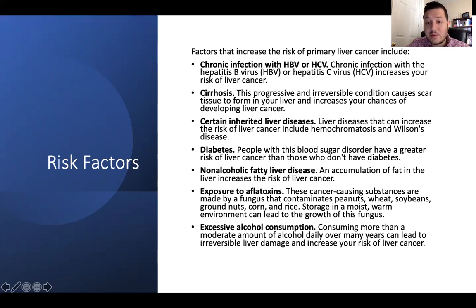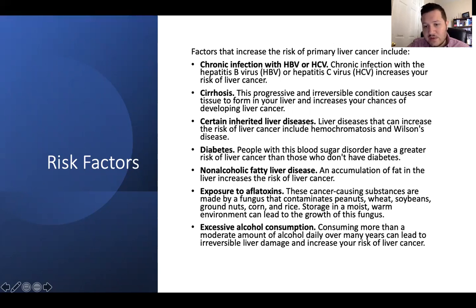And people are at higher risk as well if they have diabetes or they are obese. There's also non-alcoholic fatty liver disease, which is adipose tissue that develops around the liver, that could also lead to liver damage. And then there's exposure to aflatoxins.